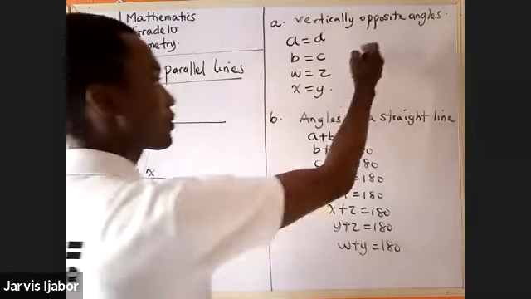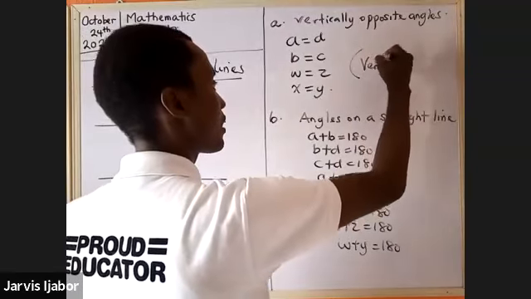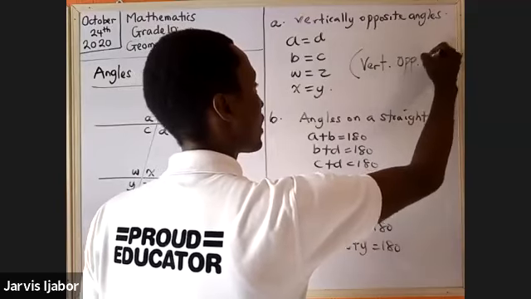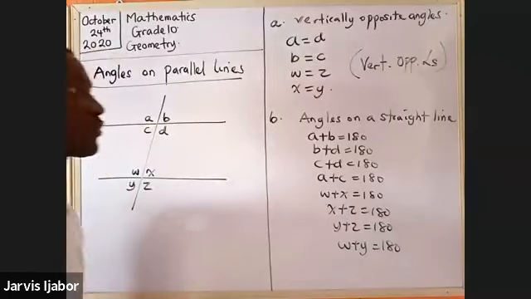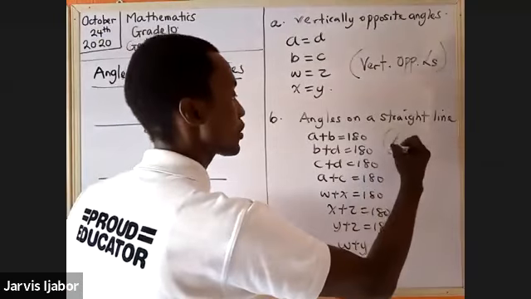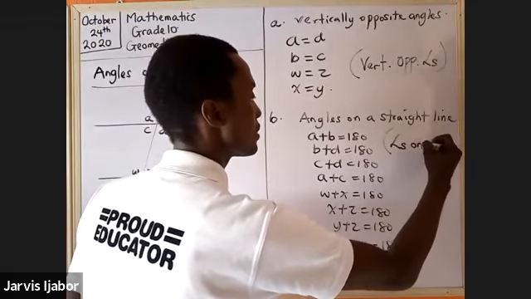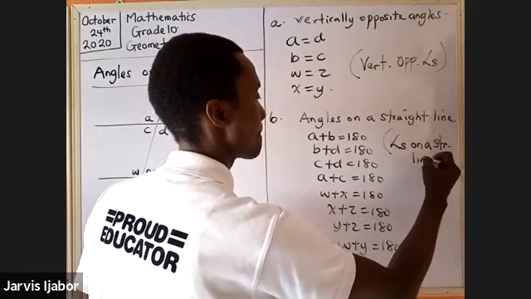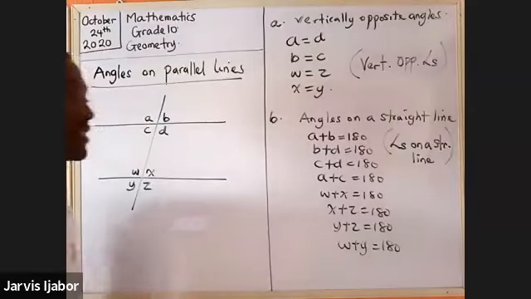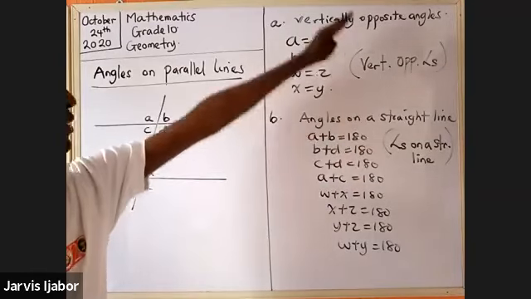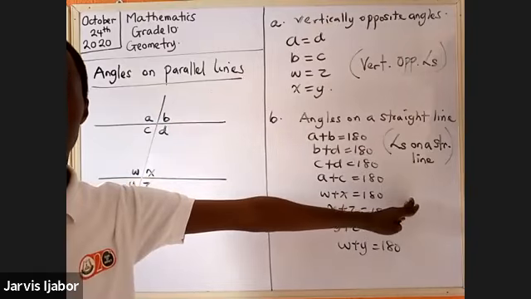So the short name will be vert. opp. angles, that's the short form for vertically opposite angles. So what's the short form for this? We write angles on a straight line. That is the shorthand form for that. So that's for this, and this is for this.